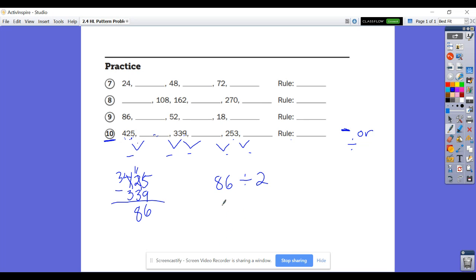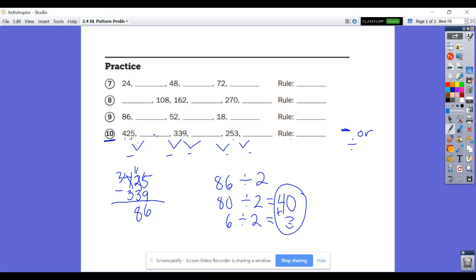You know what 80 divided by 2 is. That's just 40 each, right? And then you also know what 6 divided by 2 is. 6 divided in half is 3 each. So now we add these up. Half of 86 is 43, which is true, right? Because 43 plus 43 would get me back to 86.